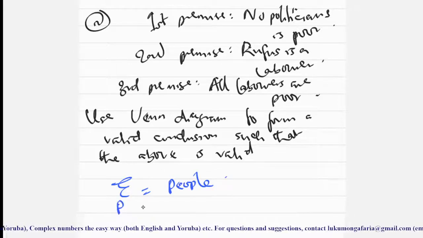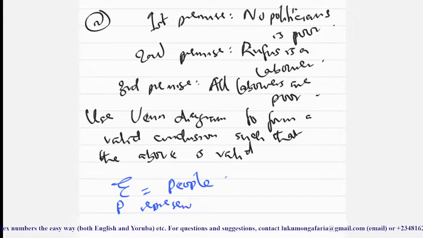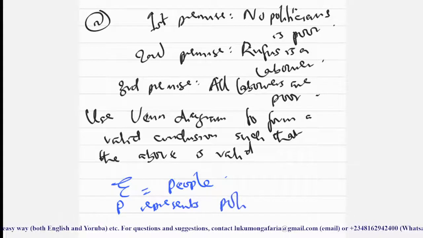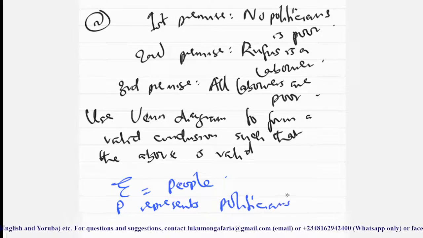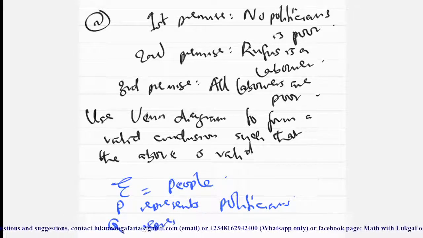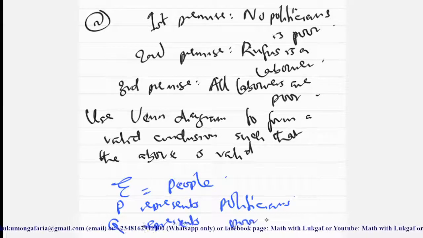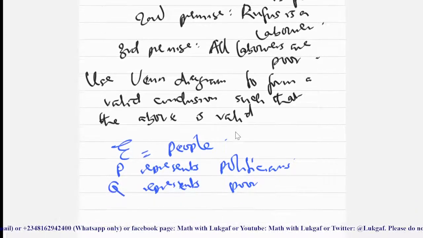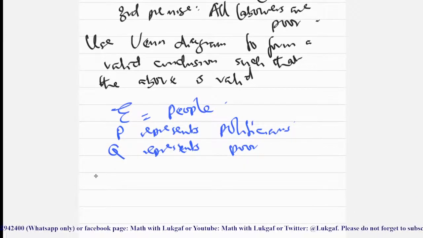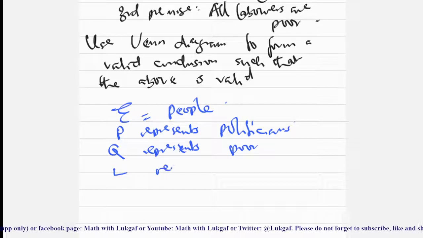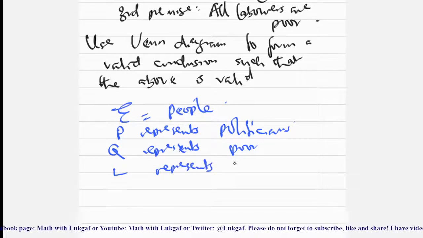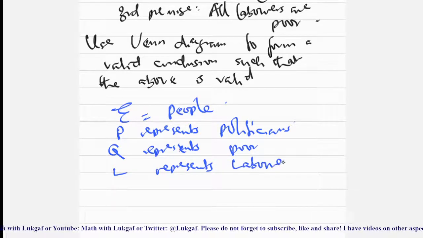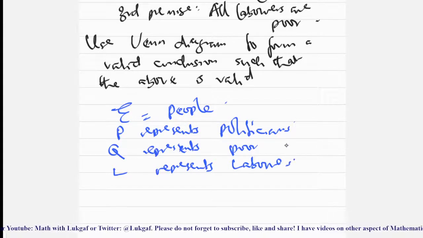And maybe say P represents politicians. Maybe you represent Q with poor people. I hope you understand now. Or maybe you also represent L with laborers.